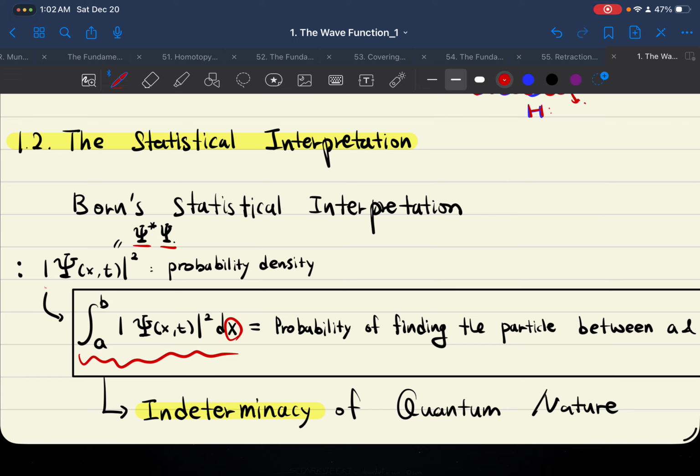So, as you can see, even if we find the psi, in the nature of quantum mechanics all the information is encoded in that psi, there is a natural indeterminacy in quantum mechanics, since even if we know the psi, all we can know is the probability.